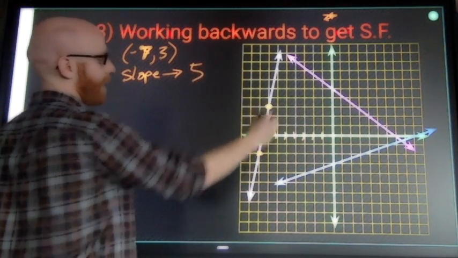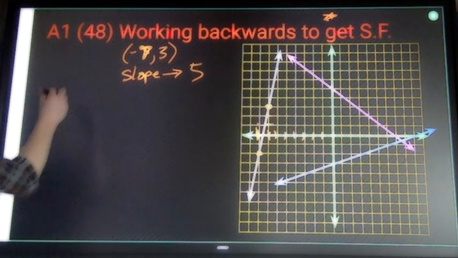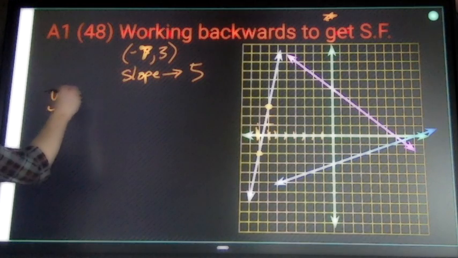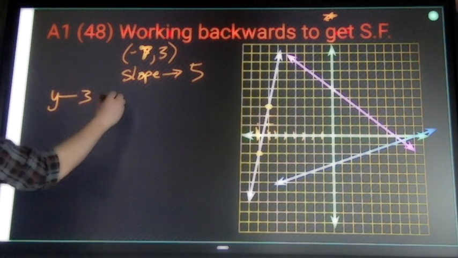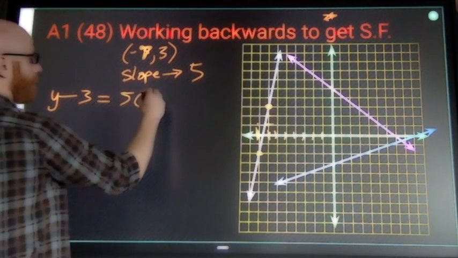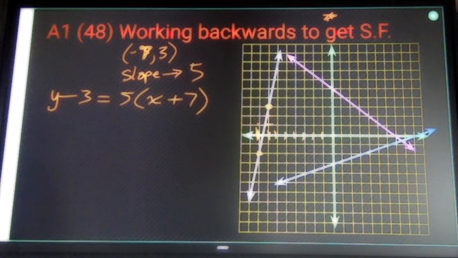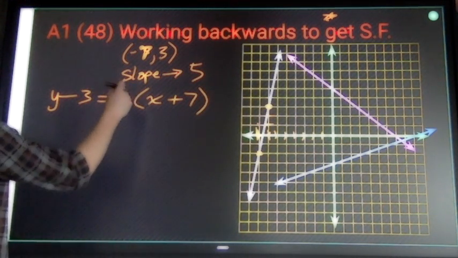All right, up 5, forward 1. So point slope form would tell me y minus the y value equals slope times x minus the x value. All right, that's point slope form. This is from lesson 29.